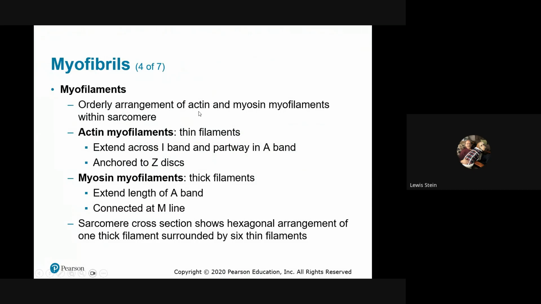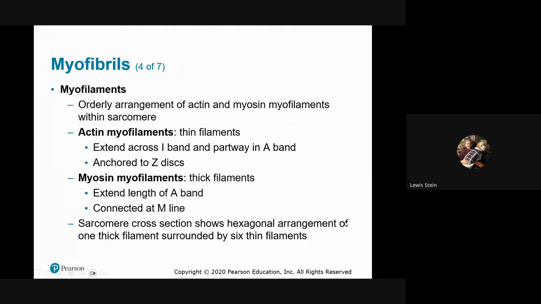The filaments are called actin and myosin. Again, you heard the name actin before. That's the thin filament. It makes up both sides of the I band and even becomes part of the A band where it overlaps the myosin filaments, which are the thick filaments. You'll see very shortly why they're thin and why they're thick.